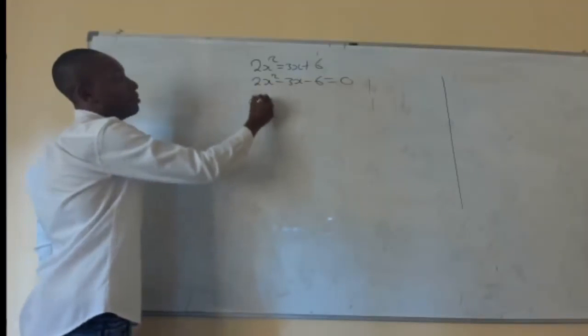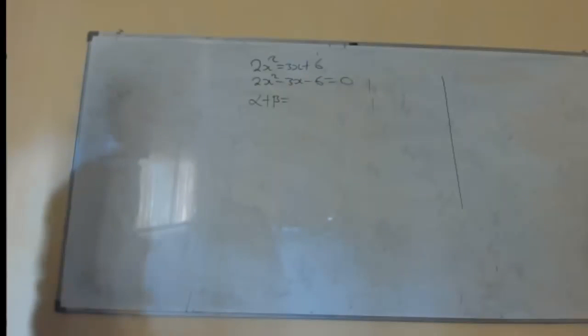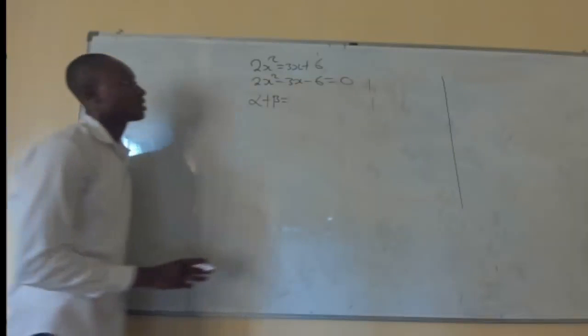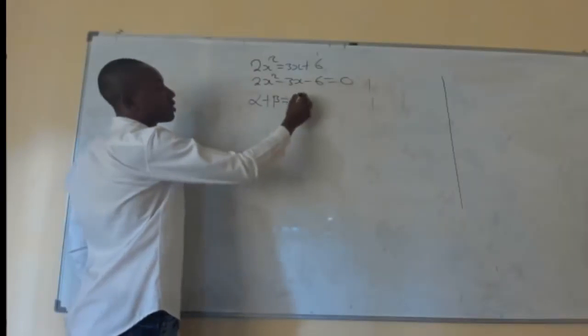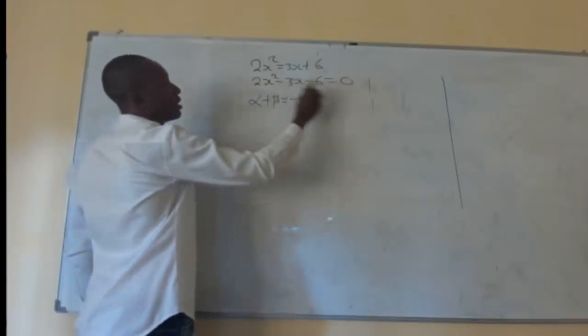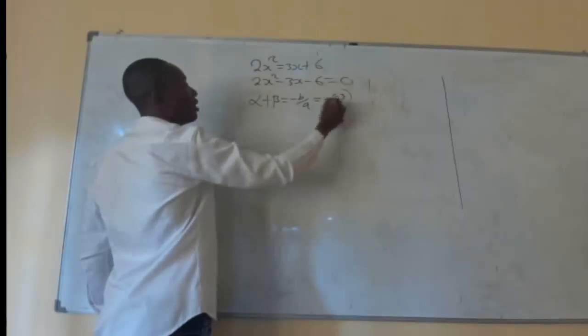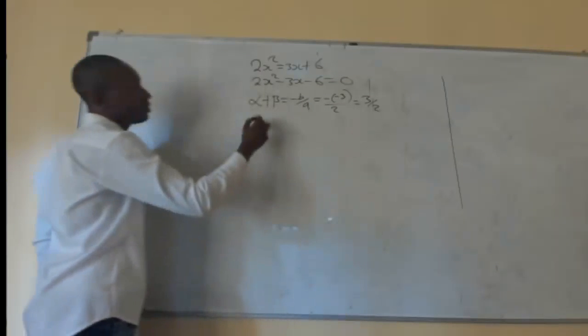So what's the sum? As I said, whenever you're given such a question, the first thing you need to find is the sum and the product of the roots. So the sum of the roots, in this case, is negative b over a. What is b? b is negative 3, so negative negative 3 over a, which is 2. So the answer is just 3 over 2.